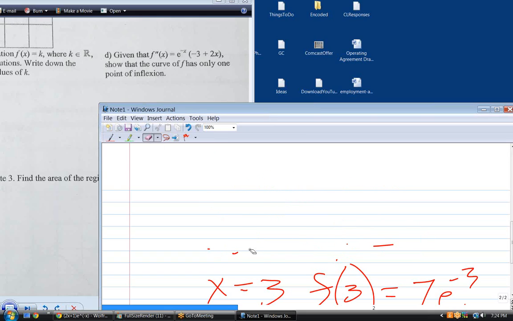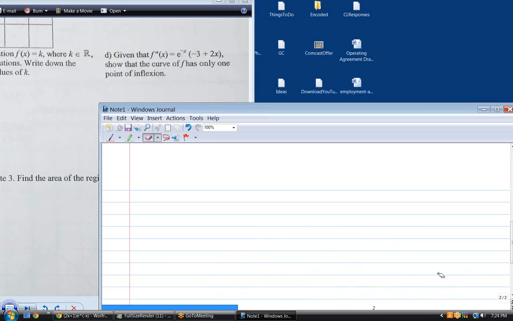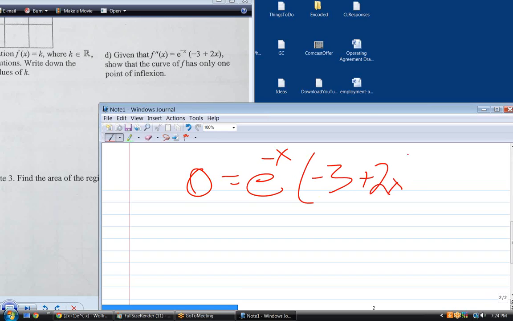So, again, we're faced with that same exact situation: if I set this equal to 0, e to the minus x can never be 0, so the 0 must come from this other part. So the inflection point is going to occur at positive 3 halves.